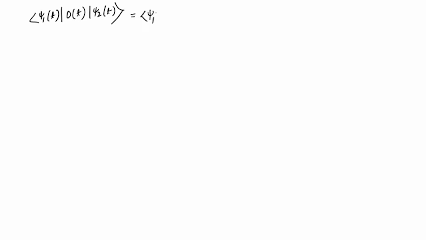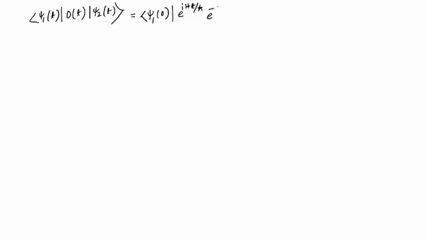So, we have psi 1 of 0, then we have an exponential of i H t by h cross. Remember, when you take the conjugate or this bra, then you need to change the ordering of the operators, and that's what we did here, and exponential minus i H naught t by h cross. You can drop the h cross because it has to be carried around, so you can put h cross equal to 1.